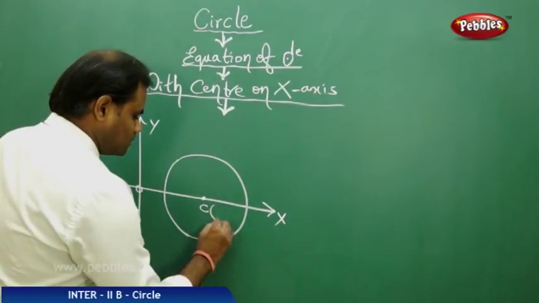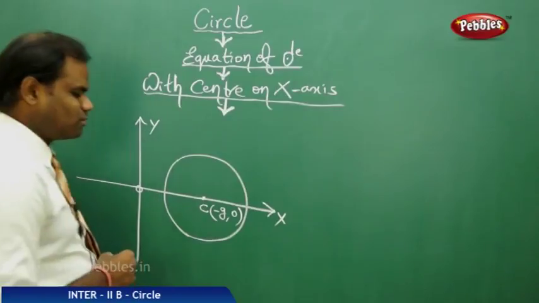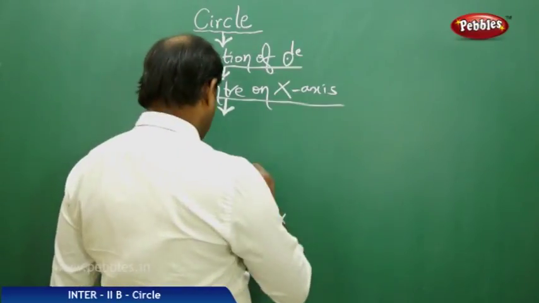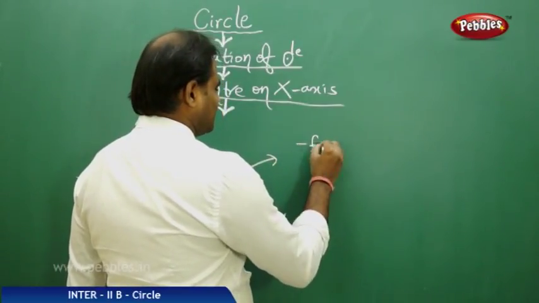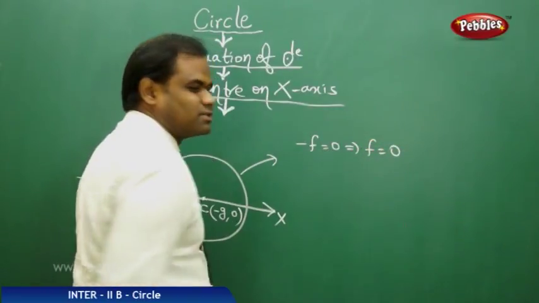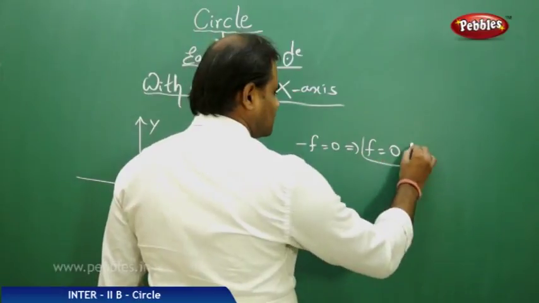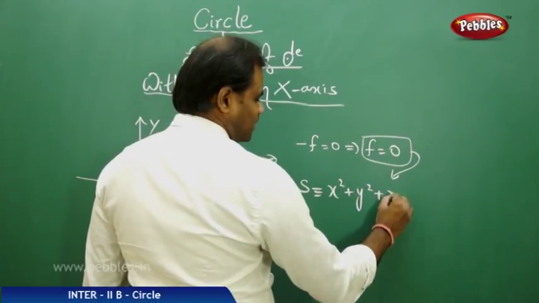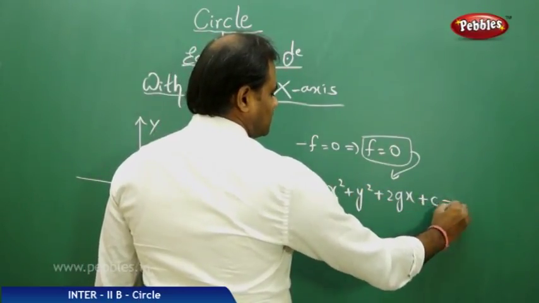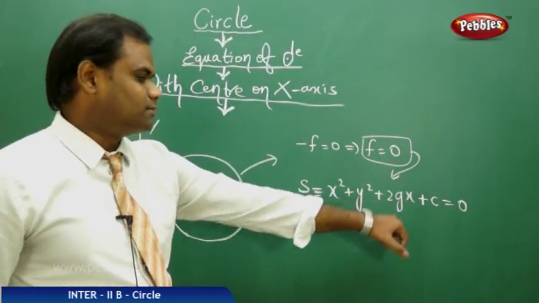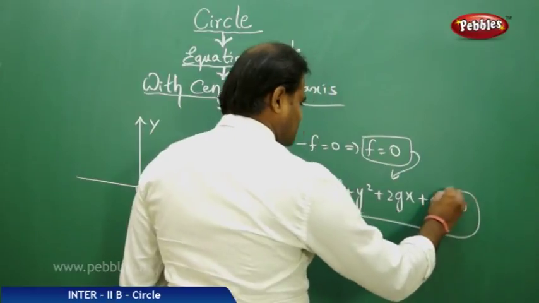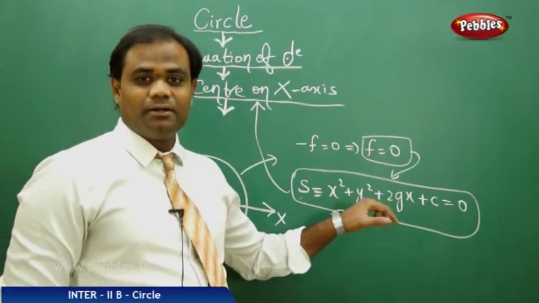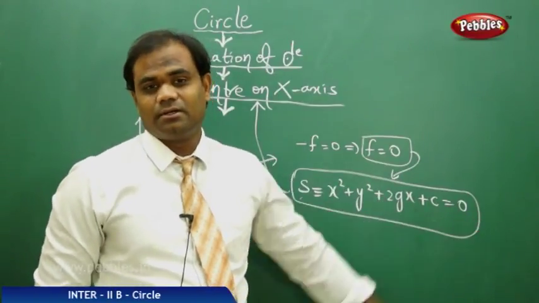Let's see if my y coordinate would be 0, because when the center is minus g, minus f, the f reduces to 0, and therefore when center is on x-axis, minus f equal to 0, that implies f is 0, and therefore with this f equal to 0, I get my equation of circle as x squared plus y squared plus 2gx plus 2fy, which vanishes because f is 0, and therefore I get the equation of circle with center on x-axis is S equals x squared plus y squared plus 2gx plus c equal to 0.